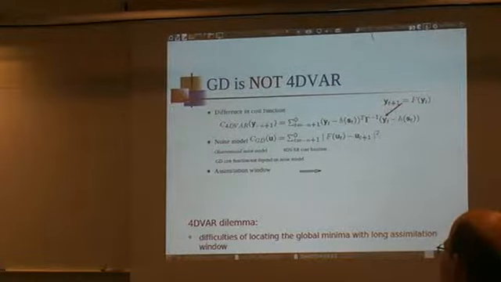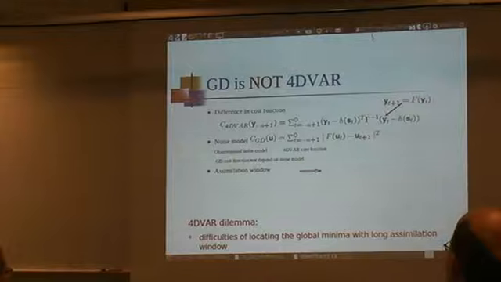It enters later. And also for the assimilation windows, for 4D-Var we all know that it has problems when applying longer window lengths, while our method doesn't have that problem at all.